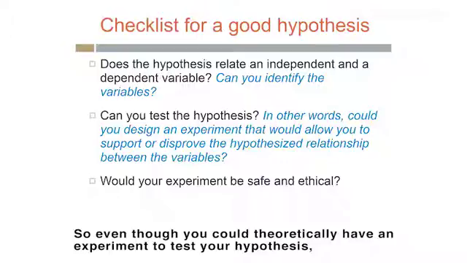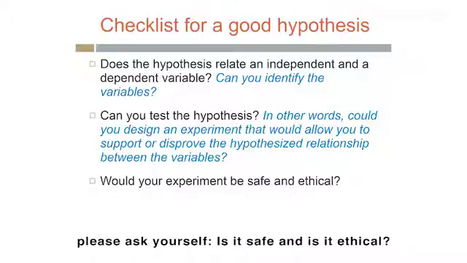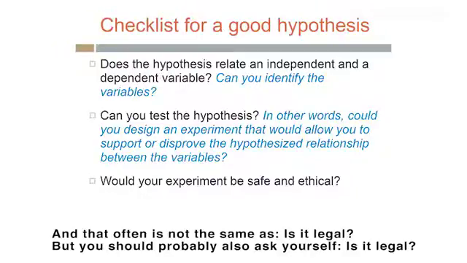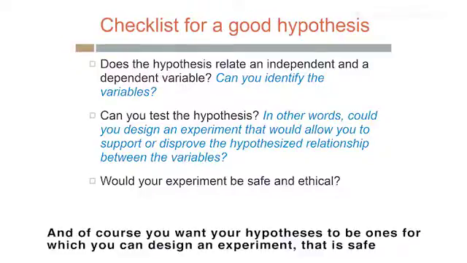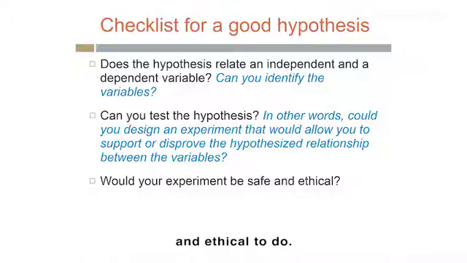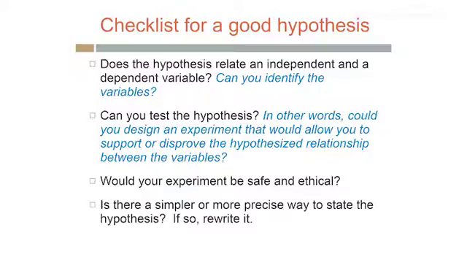So even though you could theoretically have an experiment to test your hypothesis, you need to ask yourself, is it safe and is it ethical? Okay? And that often is not the same as is it legal, but you should probably also ask yourself, is it legal? And of course you want your hypotheses to be ones that you can design an experiment that is safe and ethical to do.